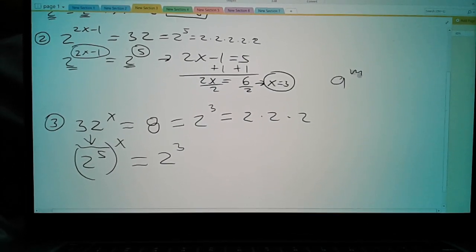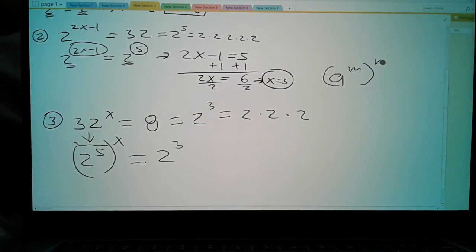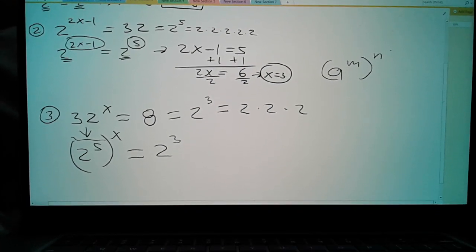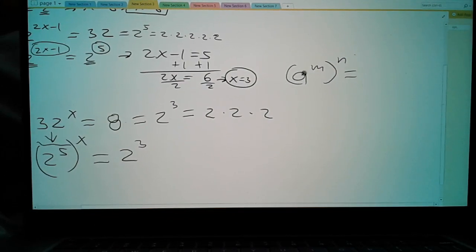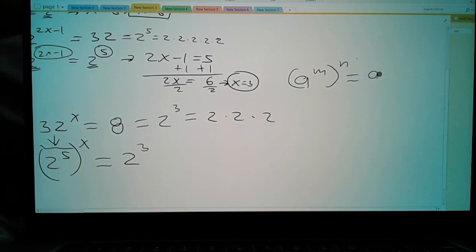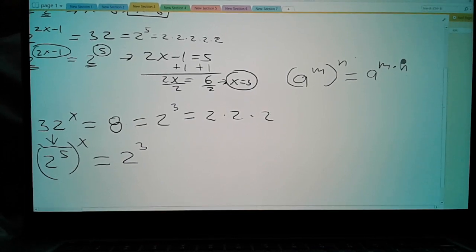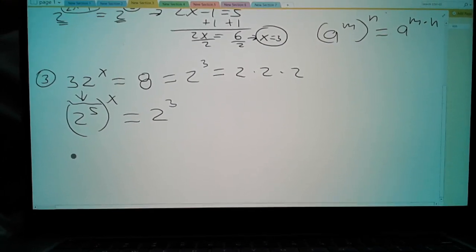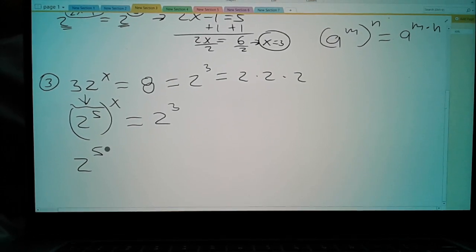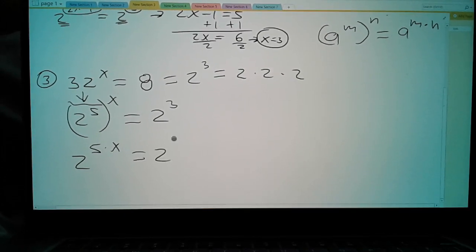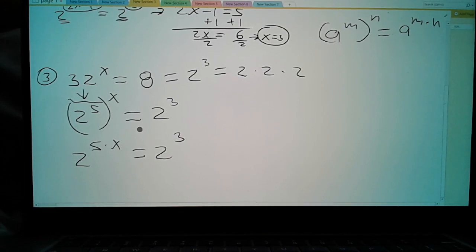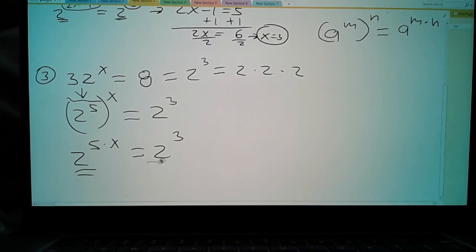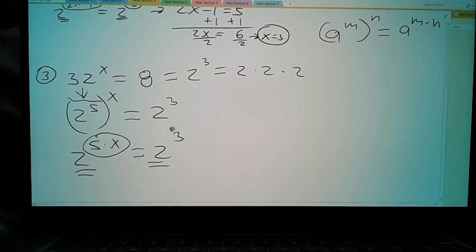In mathematics, if you take a power and you raise it to an exponent, it means that I can multiply the exponents together. So a to the m raised to the n would be a to the m times n. Here I have 2 to the 5th to the power of x. So that means 2 to the 5 times x equals 2 to the 3rd power. Again, they have the same base, 2, so I can set these powers equal to each other.